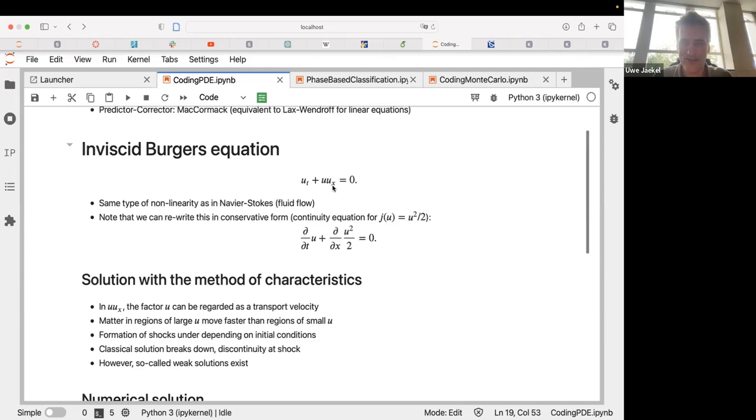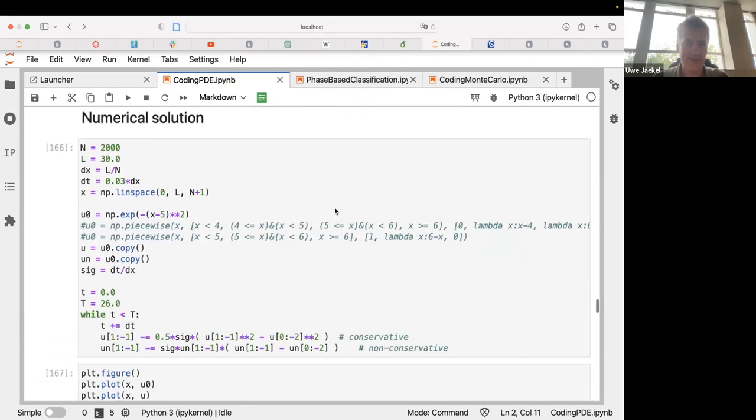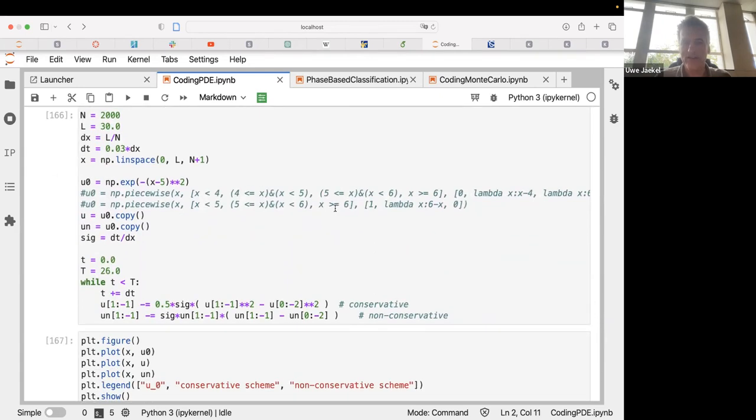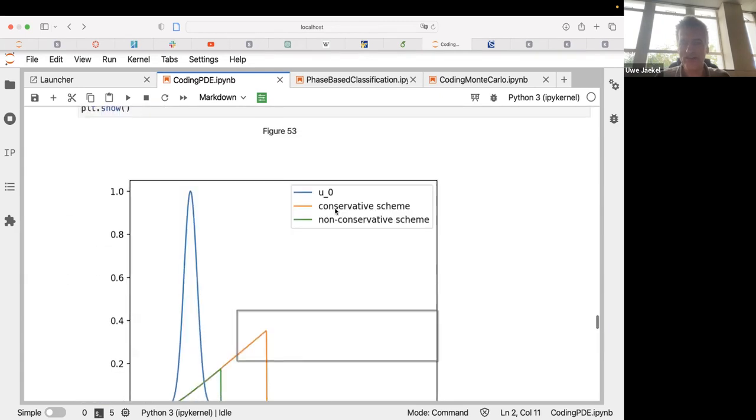Sorry, of u times the numerical derivative of that. The exact derivatives are exactly the same, but the discretizations are different. And this leads to completely different behavior.